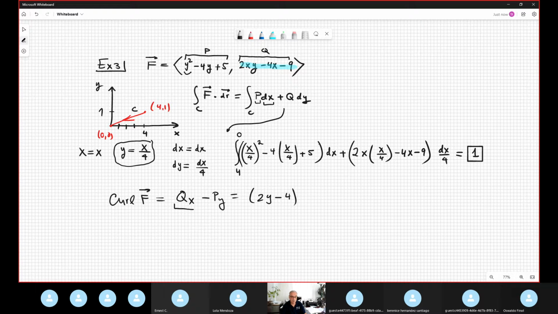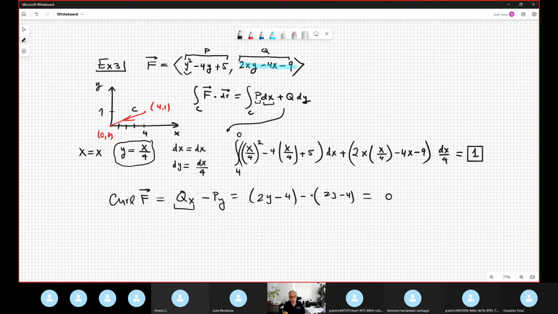This part minus p: the derivative of p with respect to y is 2y again, minus 4, and the derivative of 5 is 0. Wow, this is 0. The curl is 0. That means that our vector field is conservative.